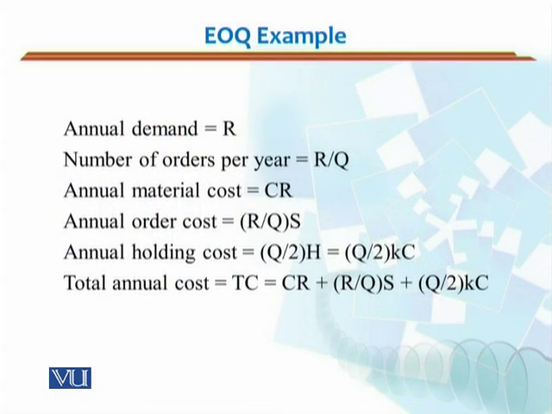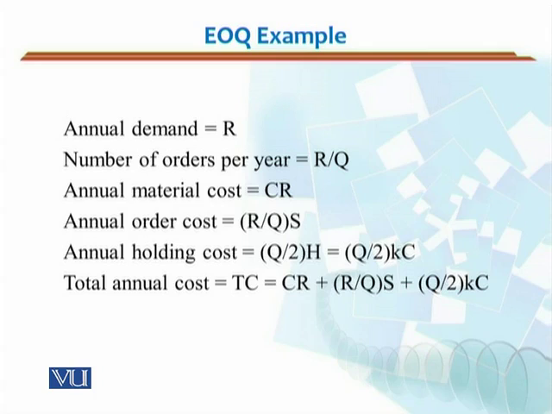Now, for that example, let us recall the basic formula for economic order quantity. For your recall, we denoted demand by R. So the number of orders per year, that means the number of setups per year, would be R by Q. The annual material cost would be the unit cost multiplied by the annual demand R, so in notation form we can write it as CR.